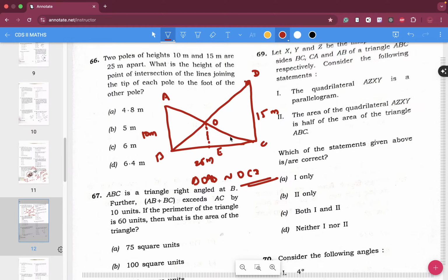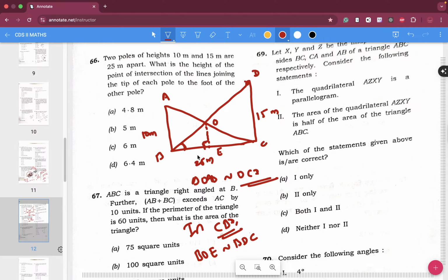Now if you look at the triangle CBD, in CBD, this triangle BOE is also similar to BDC. Why are they similar?